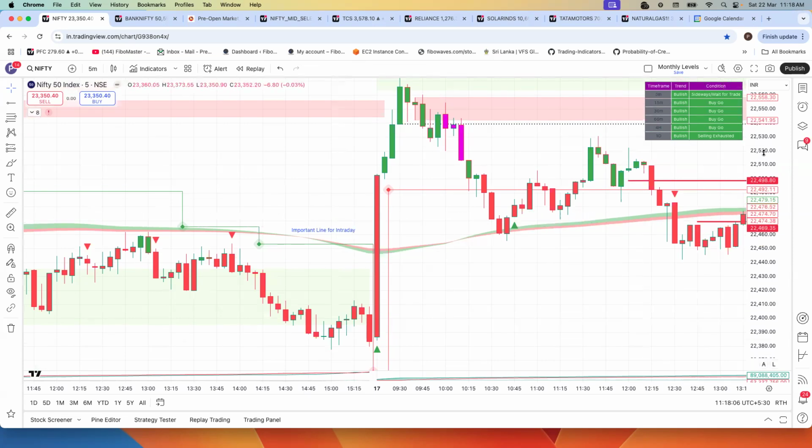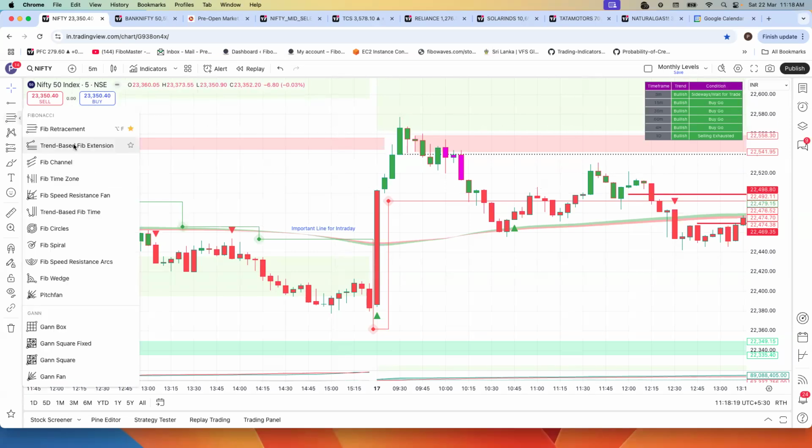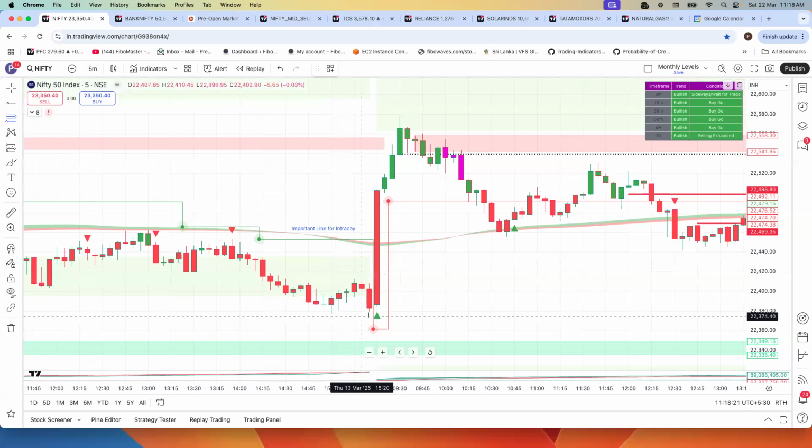Okay. This one is very big, so don't take this much big here. Always use half of the candle. Okay, use the basic Fibo retracement. So I'll take a basic Fibo retracement here.